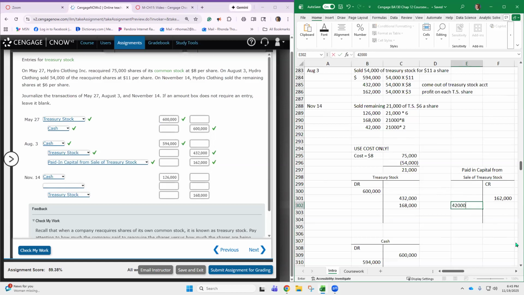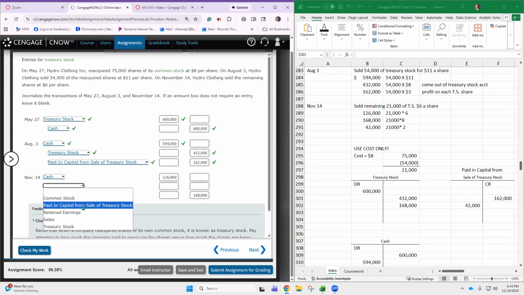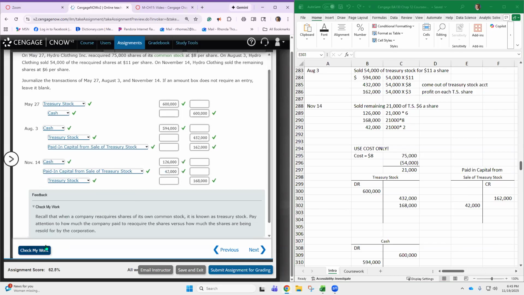So this is going to be a debit to the paid in capital from sale of treasury stock. And so that's going to go up and down based on whether we have a profit or a loss. So that extra is going to actually go in here. We didn't make as much as we thought we were going to. So those two offset each other.